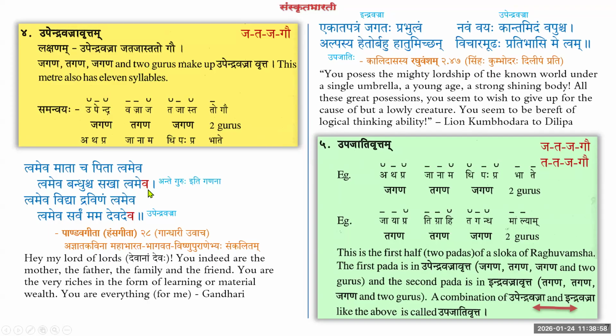This beautiful shloka, everyone knows this. Tvameva mata cha pita tvameva, bandhuscha sakha tvameva, vidya dravinam tvameva, sarvam mama deva deva. So here, this vakara is made into a guru due to the compound tvameva that follows.